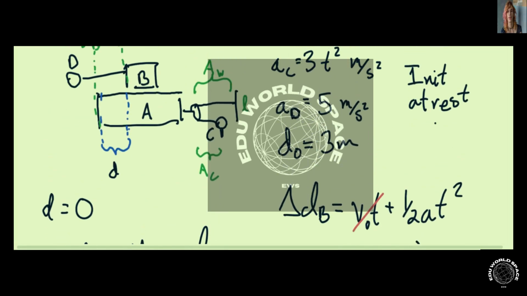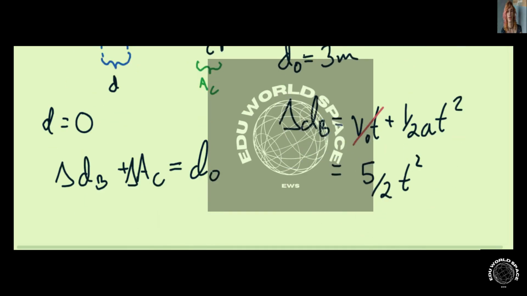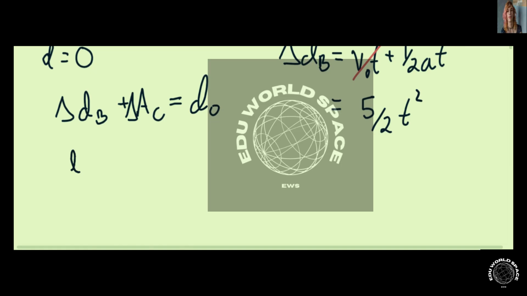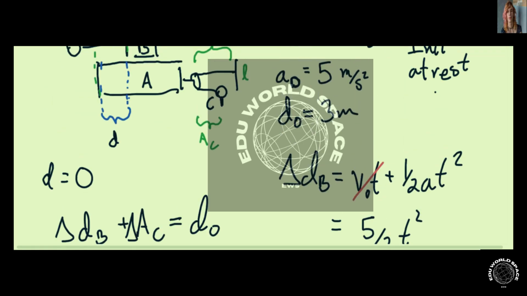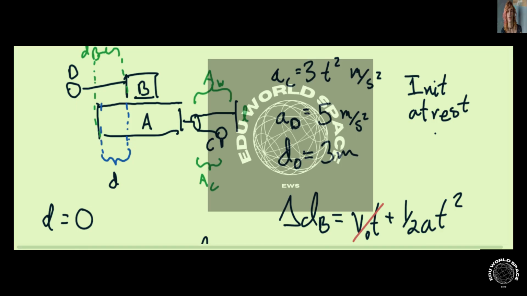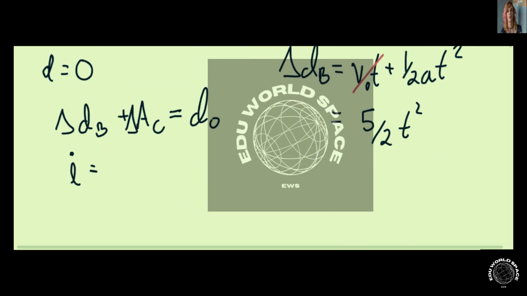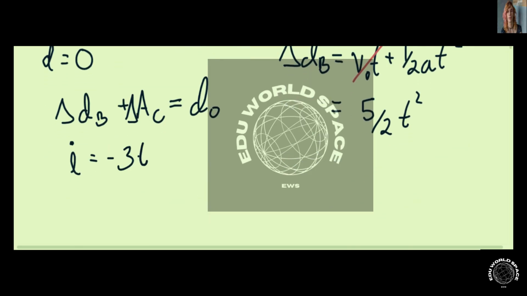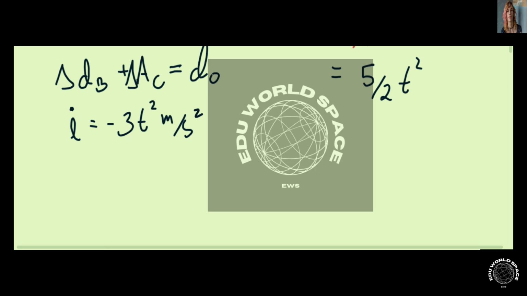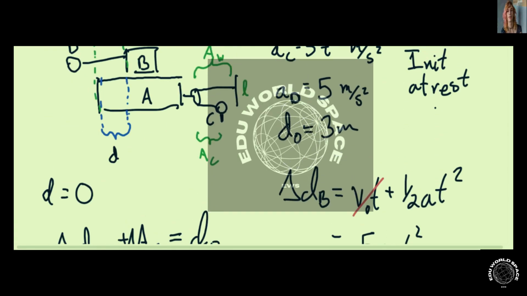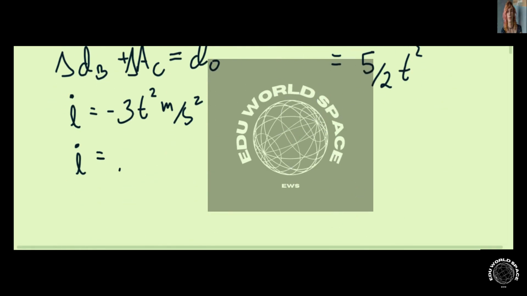Now for delta AC, this one's a little trickier. We'll begin by defining the instantaneous changes, the time derivatives, in AC, AW, and L. We know that the time derivative of L must be equal to the negative of this. And we know that the time derivative of L must also be equal to the sum of the time derivatives of AW and AC.